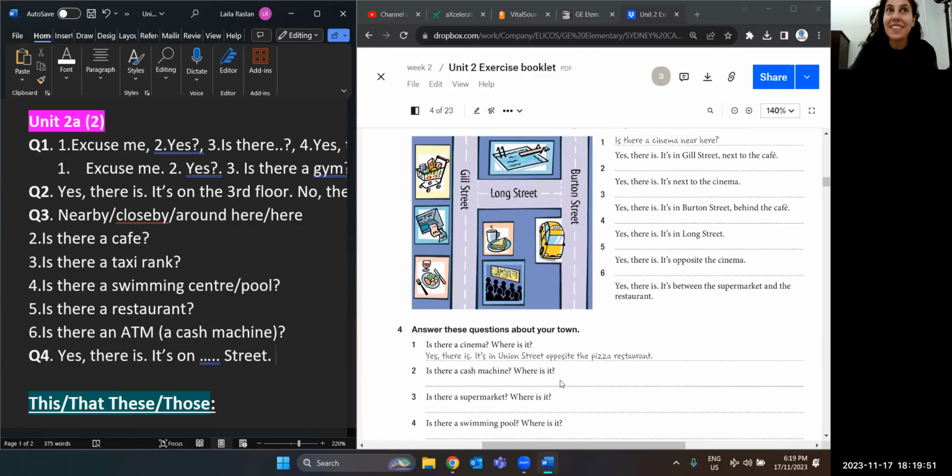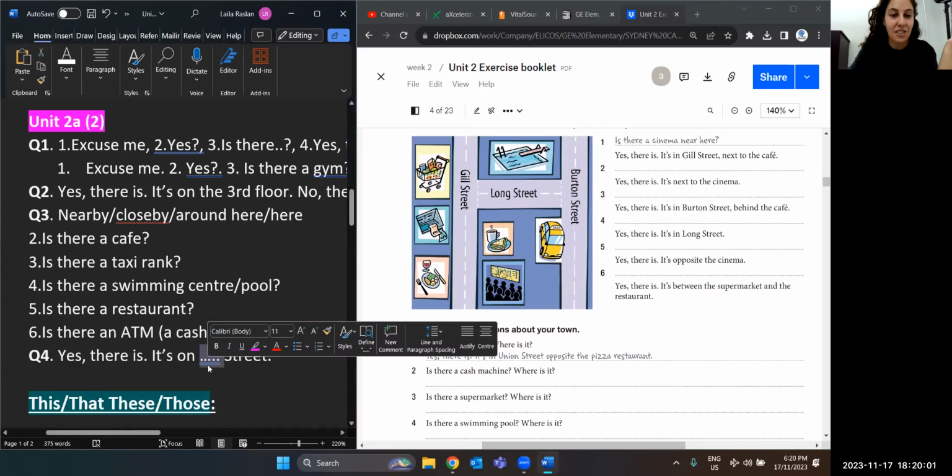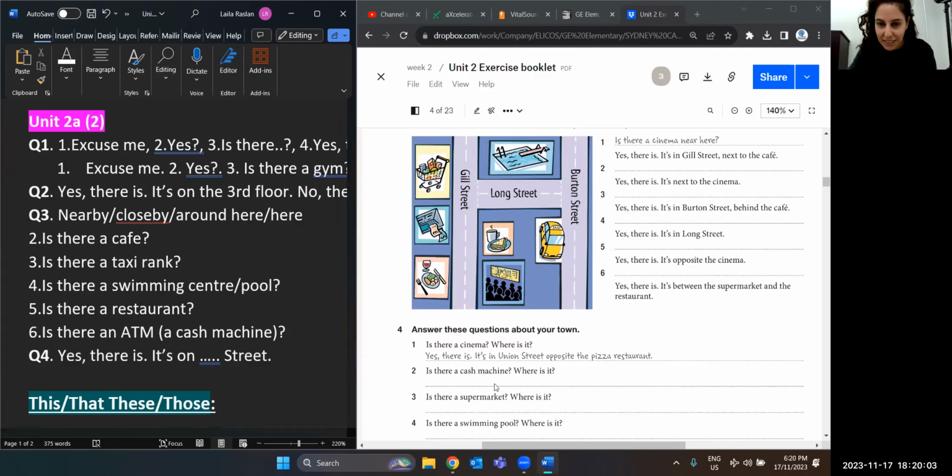It's like when it said at the weekend. We don't say at the weekend. We say on the weekend. So this is English from Britain, but in Australia, we say it's on and then the name of the street. So I know that's what the example says, but because it's an English textbook. So very important.